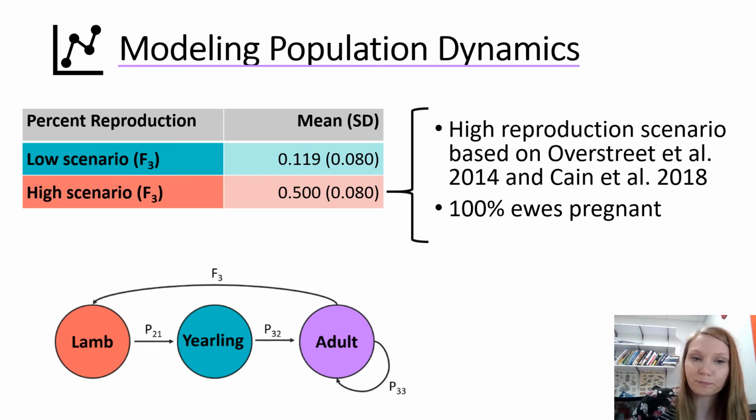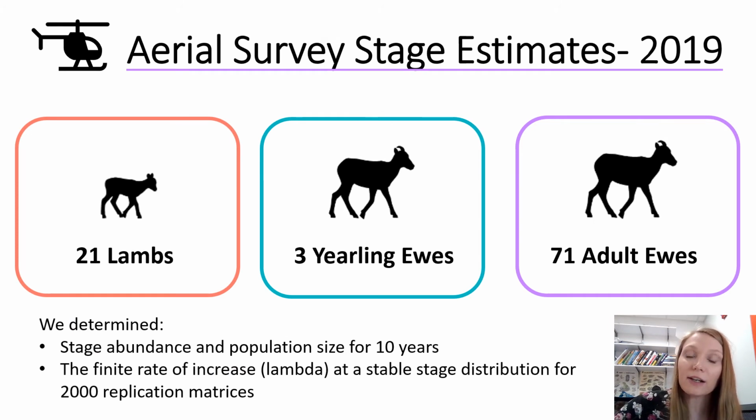During 2019 aerial surveys, they observed 21 lambs, 3 yearling ewes, and 71 adult ewes. And in our model, we divided this lamb number by 2 to represent only those lambs that were female.